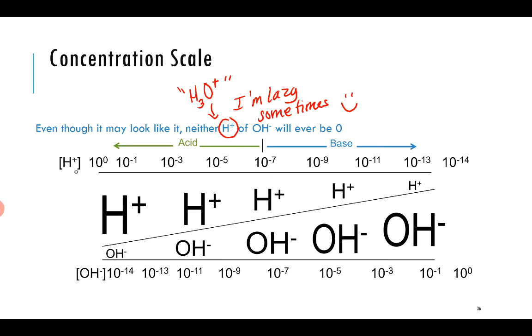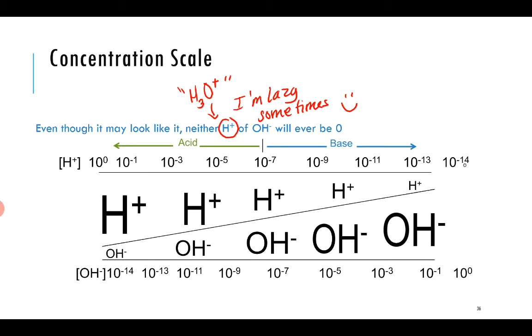But the important thing I want you to get from this slide is that even if you have a really acidic solution and we have a very large quantity of H3O plus ions, then we're just going to have a very small amount of OH minus. It's never a zero amount. It's just a very, very tiny amount.